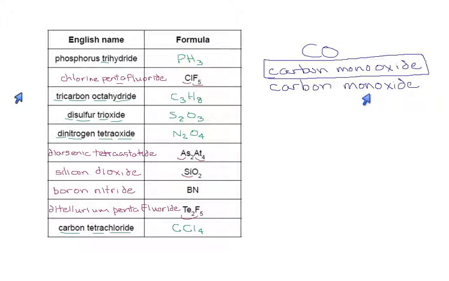The reason we put in this mono, by the way, is that there's another very common gas, carbon dioxide, which we exhale with every breath. It's not air, you can't breathe it, so I wouldn't call it poisonous, but it is a suffocating gas, and it is nowhere near as harmful as carbon monoxide is.